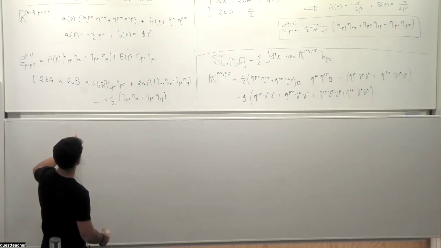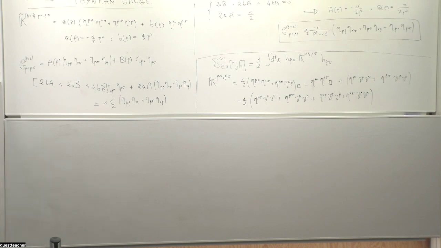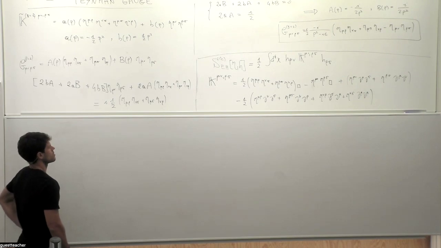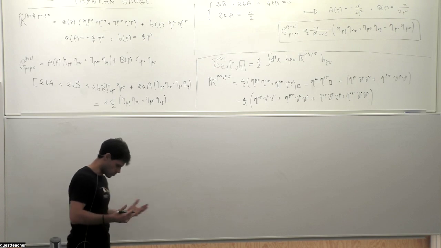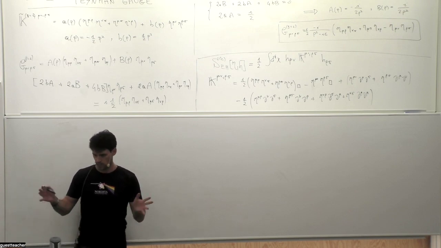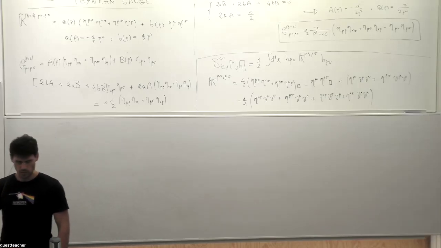You see, we did an analysis of degrees of freedom, and we found that in the end we expect only 2 physical degrees of freedom to be the propagating ones.